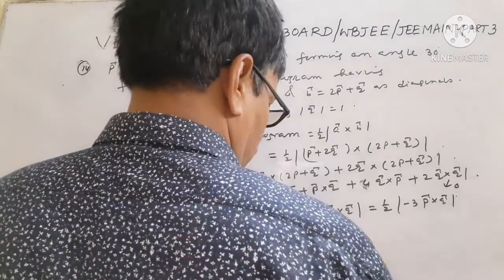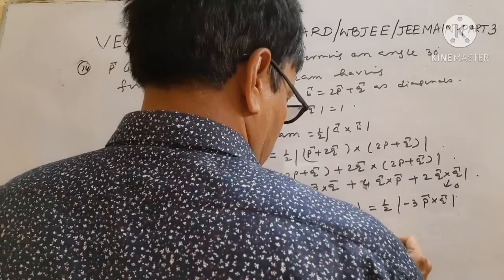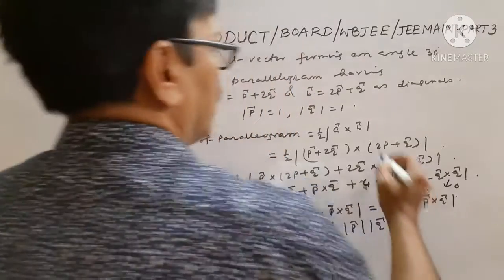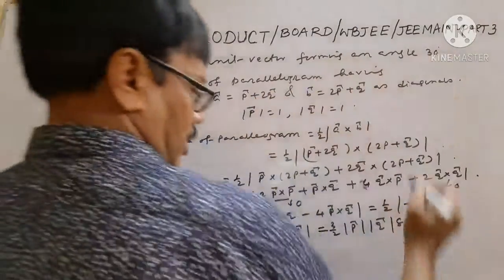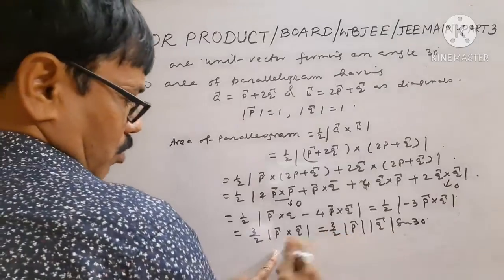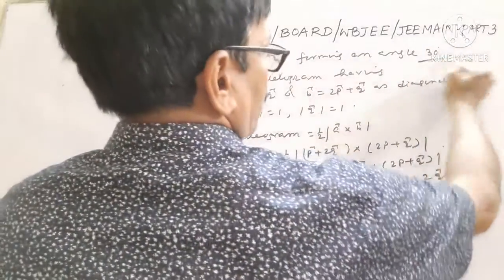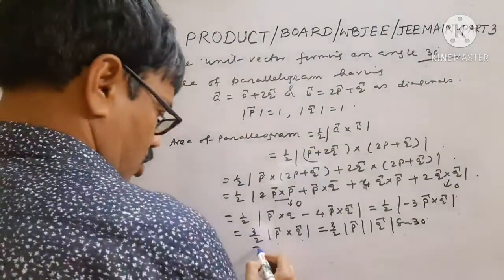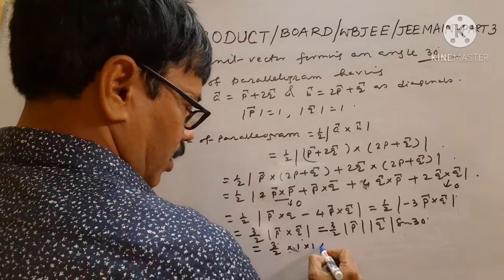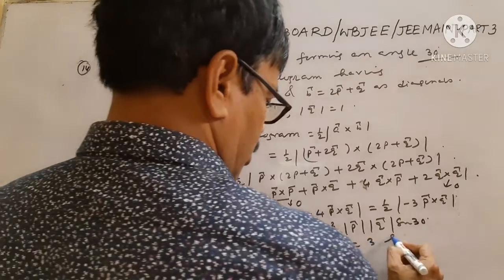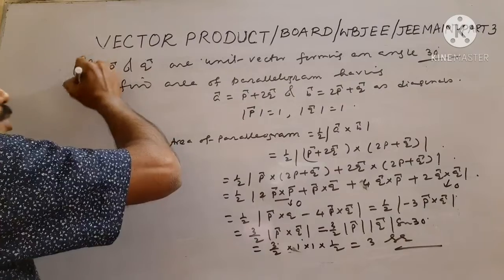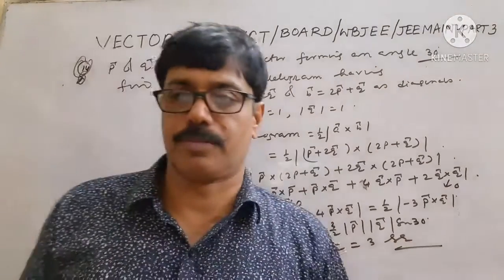By the definition of cross product, magnitude of P, magnitude of Q, sine of the angle between them, which is 30 degrees. So 3 by 2, this is 1, this is again 1, and sine 30 is half, so 3 by 4 square unit. So this is also a most important problem.